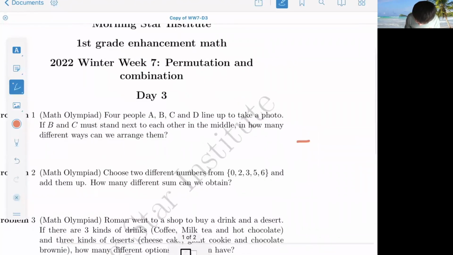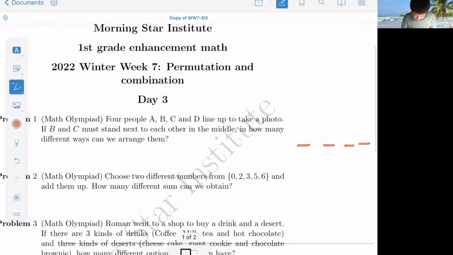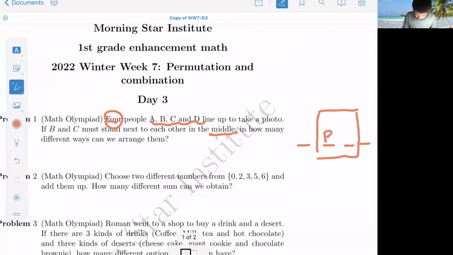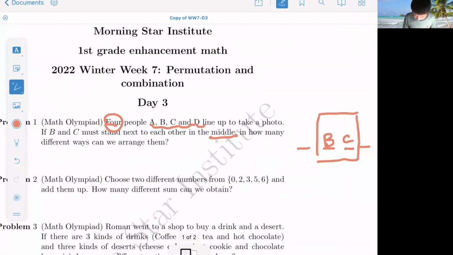draw a graph. Here, there are 4 spots for A, B, C, and D to line up in, because there are 4 people. B and C must be in these 2 spots because they are in the middle. So if B and C stand like this, there are 2 possibilities because A can come in front or D can come in front.